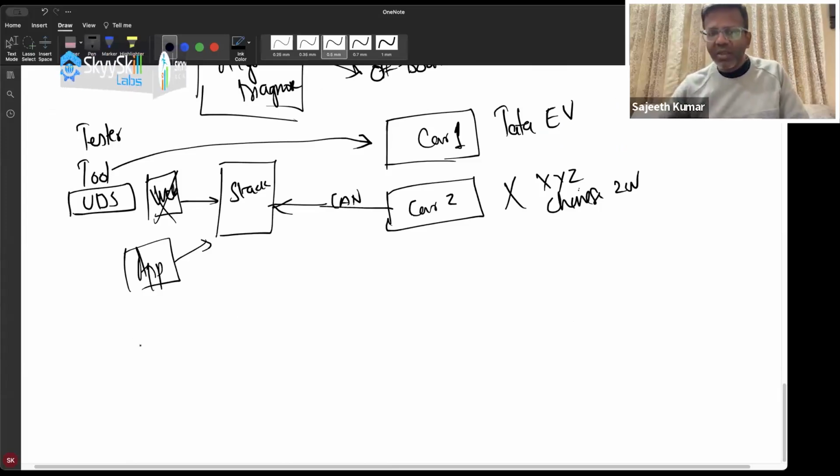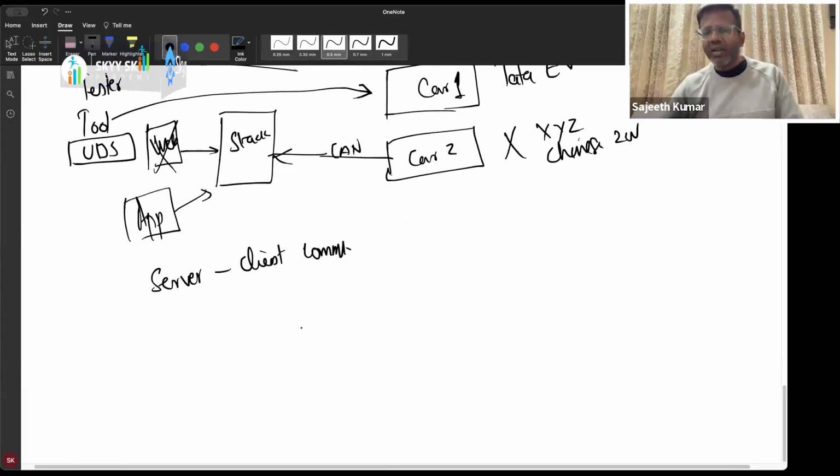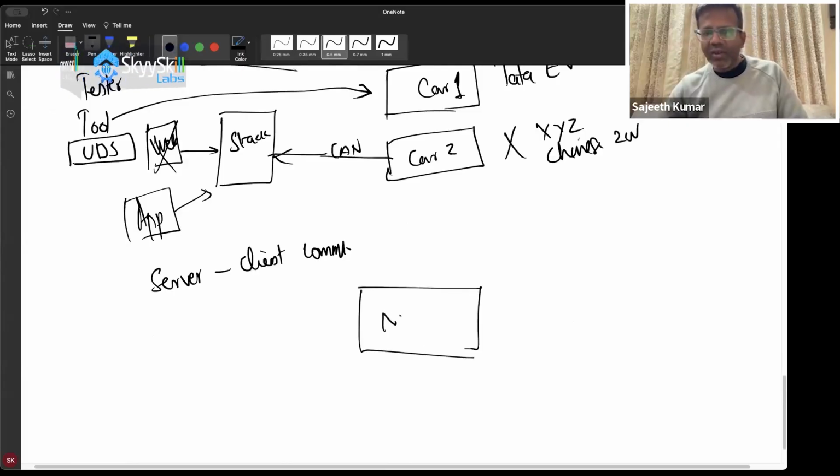So now this is something which we call server client communication, right? So what this means is that your car, or your electric vehicle, whichever it is, let's say that this is the Nexon EV, right? So the Nexon EV, it's got a vehicle control unit. So this becomes the server, right?